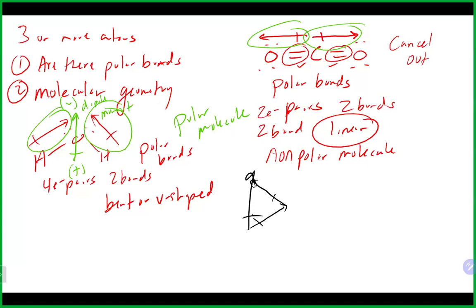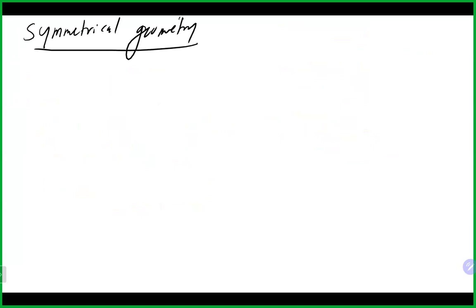And there is. So there are certain geometries which are considered symmetrical geometries, and there are certain geometries which are considered unsymmetrical geometries. And when we talk about symmetrical geometries, we're talking about the molecular geometry here. So for you guys, that would be trigonal planar and tetrahedral.